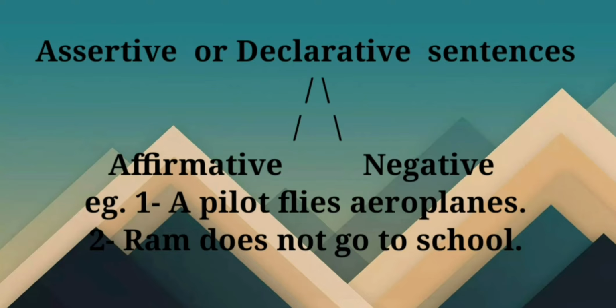A pilot flies aeroplanes. Ram does not go to school. The first sentence is an example of affirmative and the second is an example of negative. But both affirmative and negative sentences are called assertive or declarative sentences.